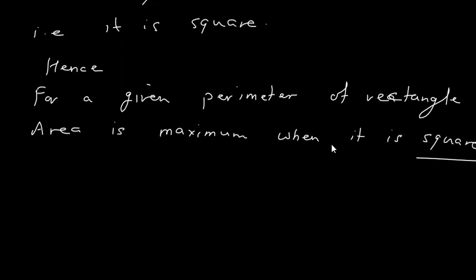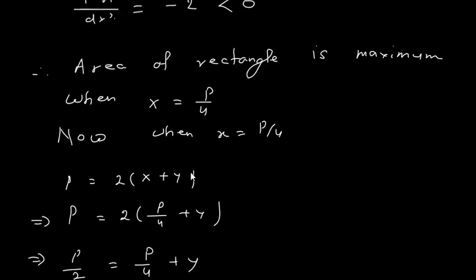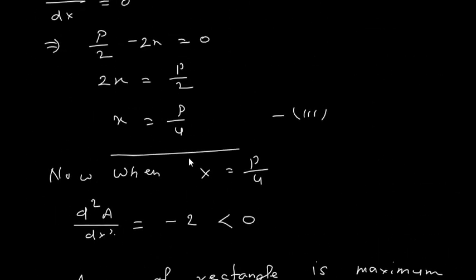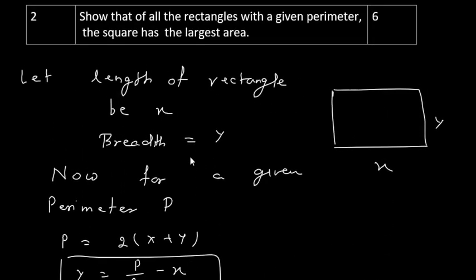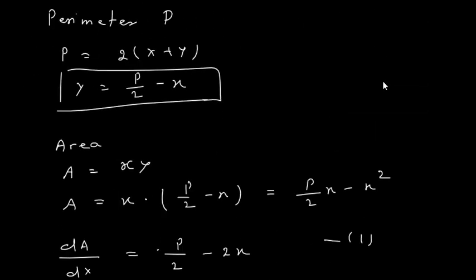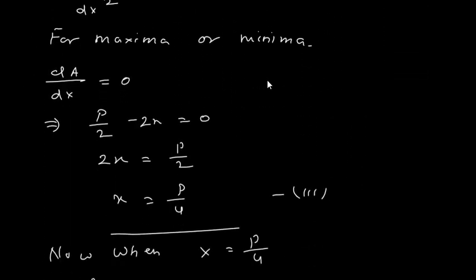So hence we proved that it is a square. Okay, when the perimeter is given for a rectangle, then it has the maximum area when it is a square. Okay, I hope you understand. Now let us move to the next question.